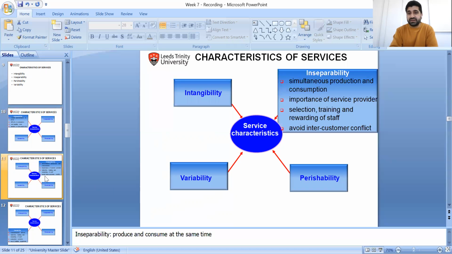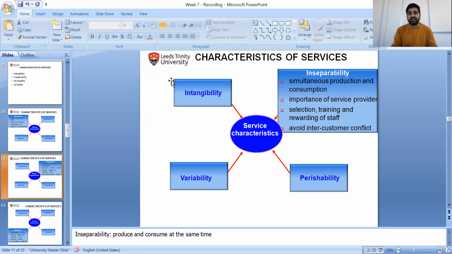In inseparability, as I said, we cannot cut the service into two or more pieces. How? We can see here simultaneous production and consumption. As we produce the service, we consume it at the same time.